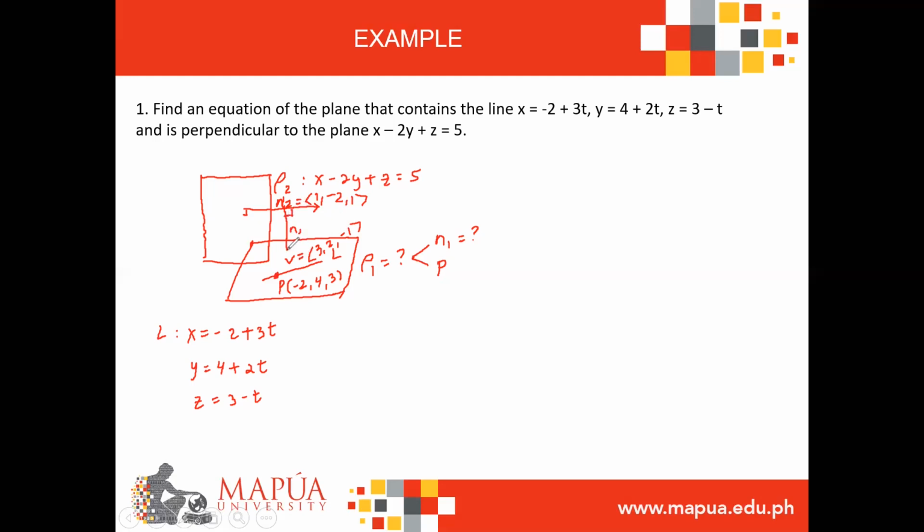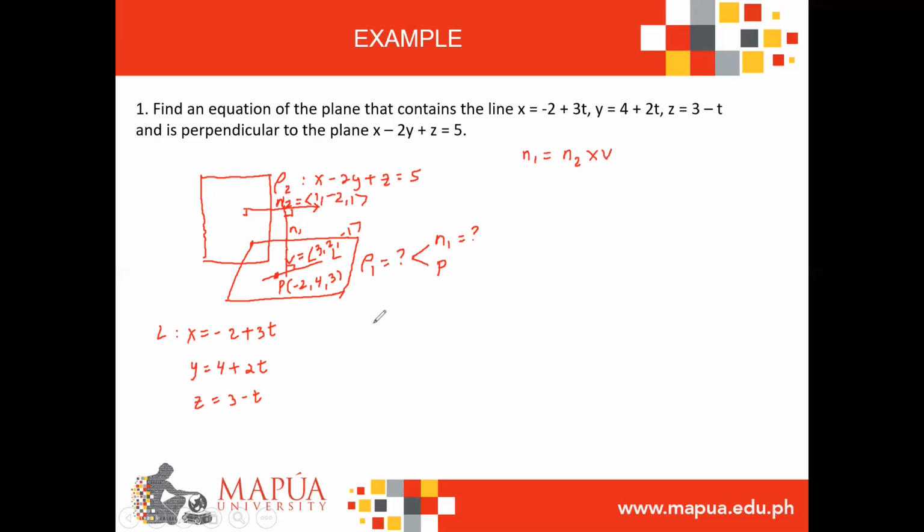And if we extend this N1, we can see that it is also perpendicular to your vector V. So with that, we can define N1 to be equal to the cross product of N2 and vector V.